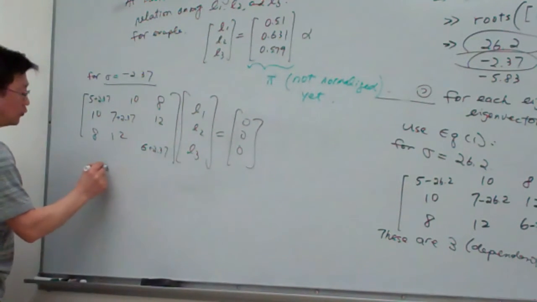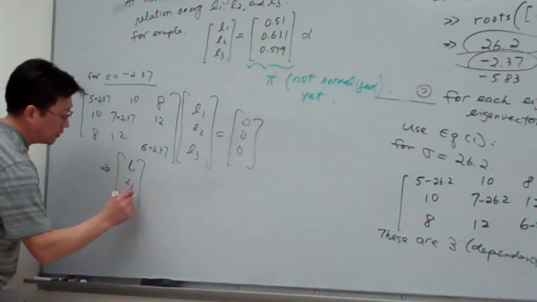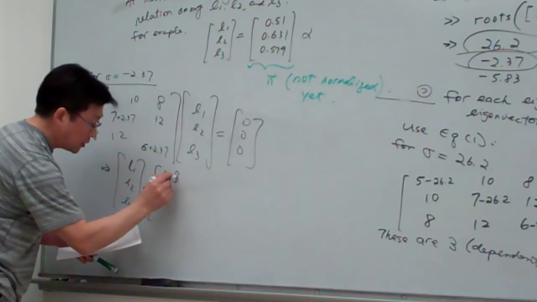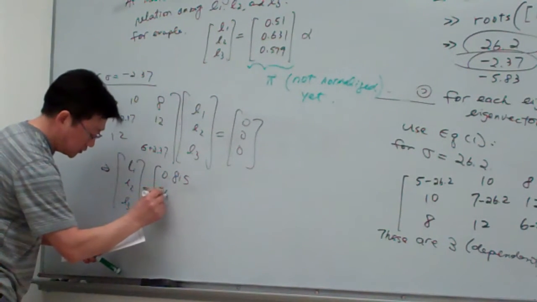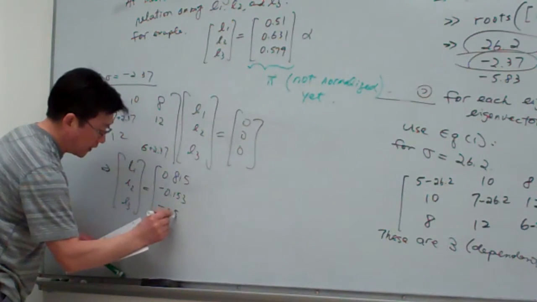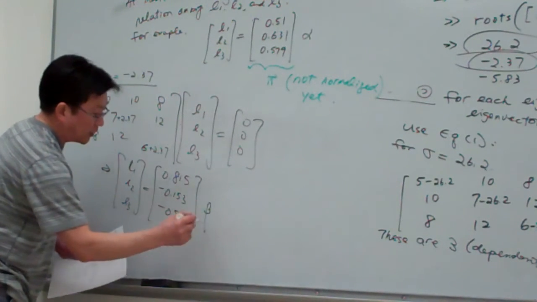Here we will be able to solve for L1, L2, L3 equal to, for example, 0.815, minus 0.153, and minus 0.560, and this one is, say, beta.